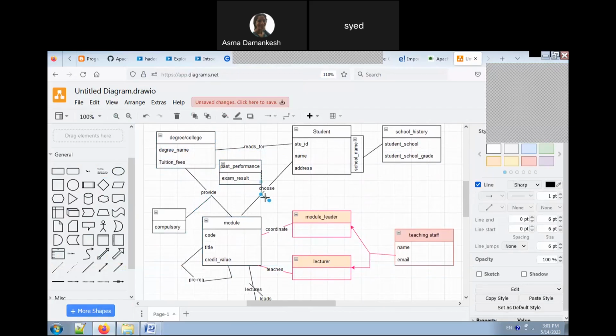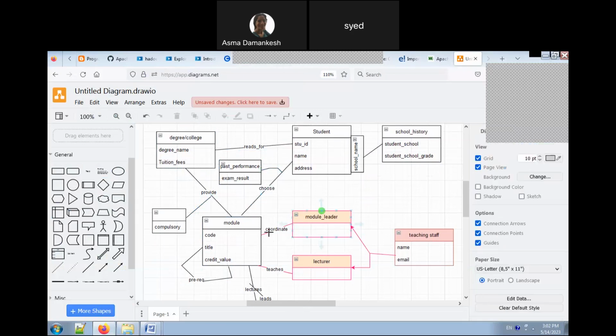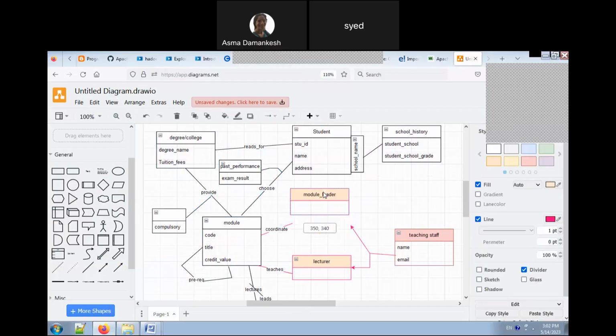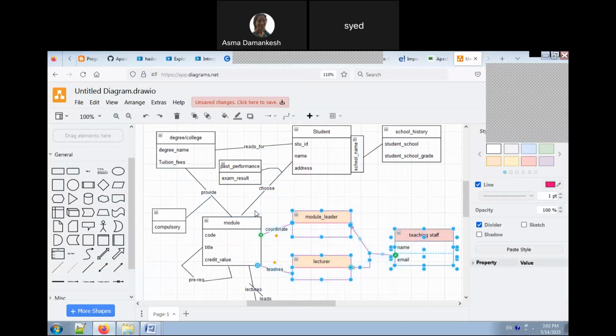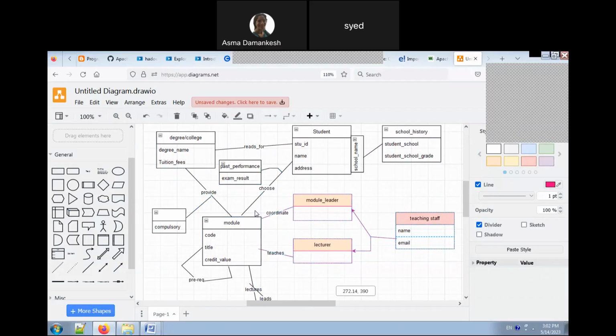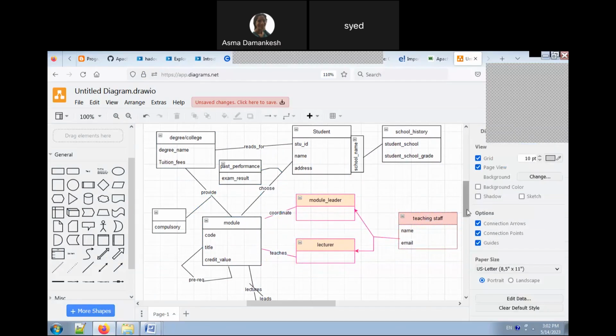Make this here. And then this one up. Not working.